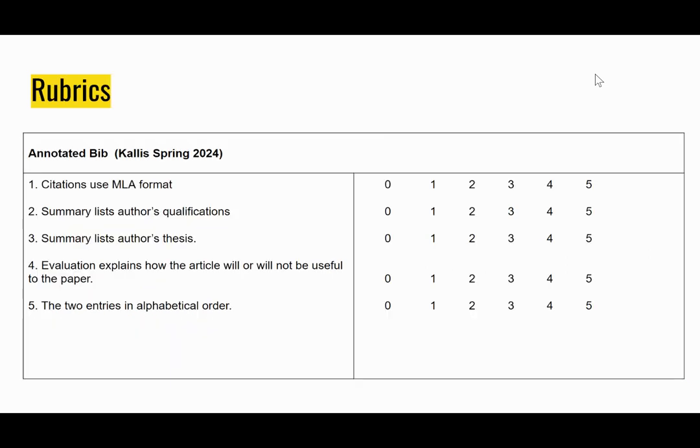Finally, some quick rubrics. Are your citations properly using the MLA format, or are you just copying and pasting a URL in there for me? Make sure you have a complete MLA format. Do you have the author's qualifications? Do you have the author's thesis? Do you explain how the article will or will not be useful to the paper?